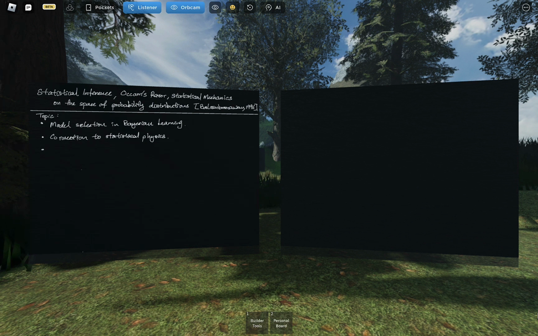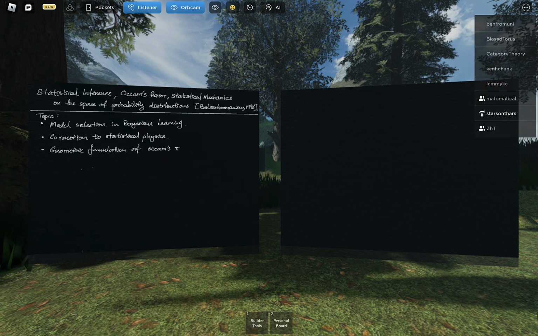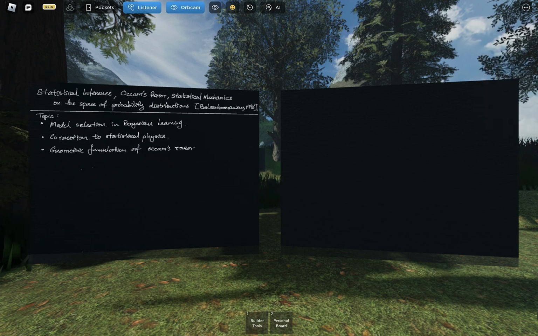And the Occam's razor part is a geometric formulation of the principle of parsimony of Occam's razor. Right, and we'll discuss a bit about phase transition that is discussed in this paper.